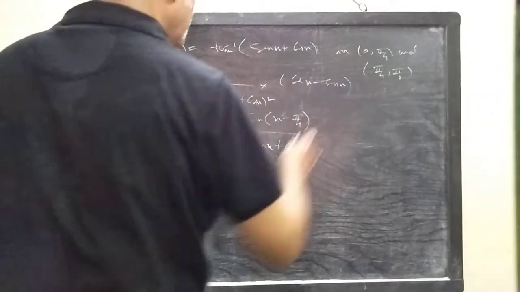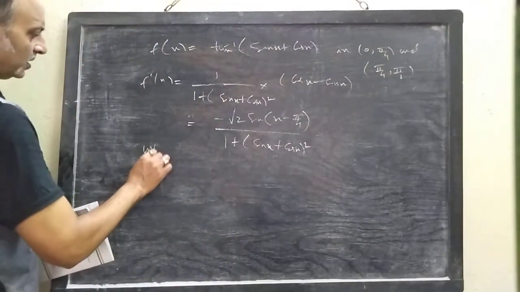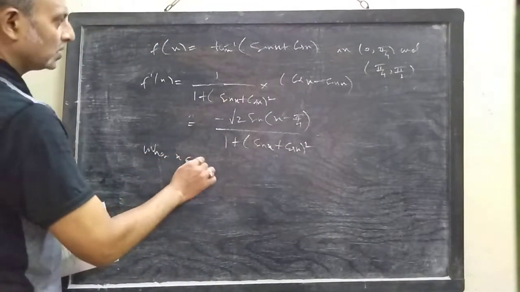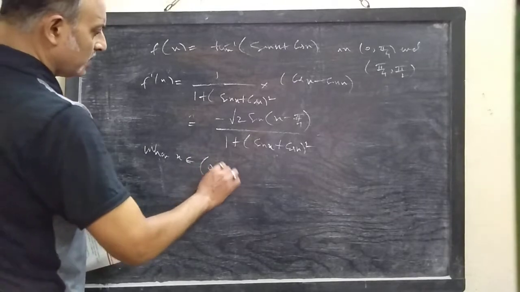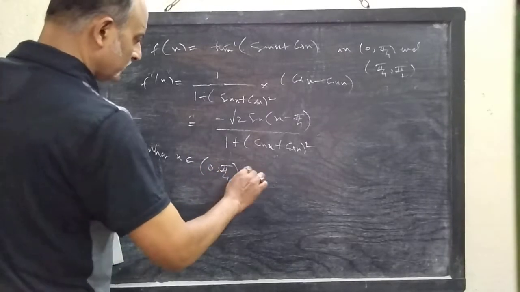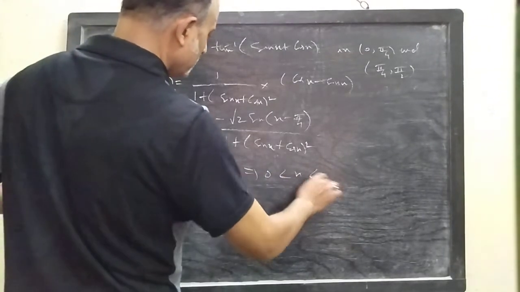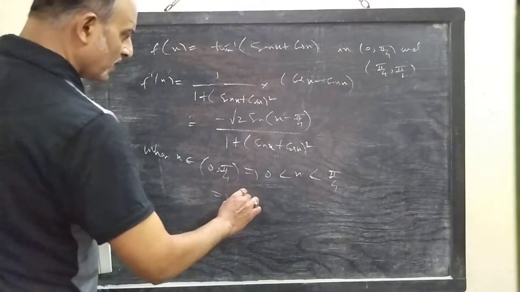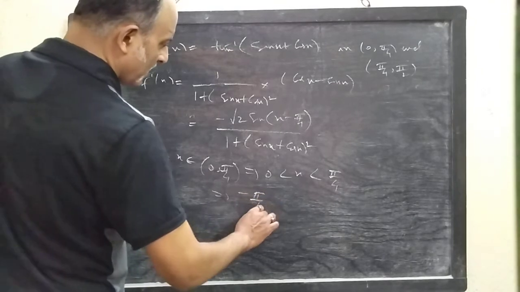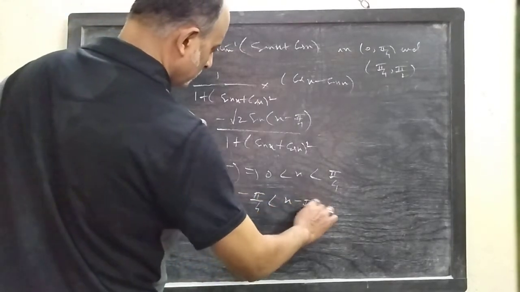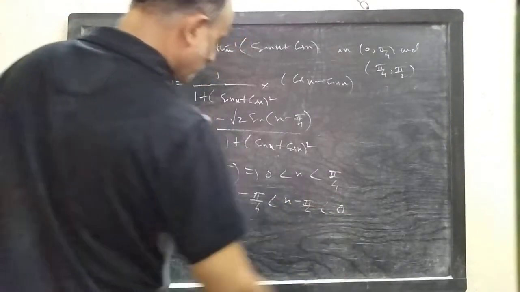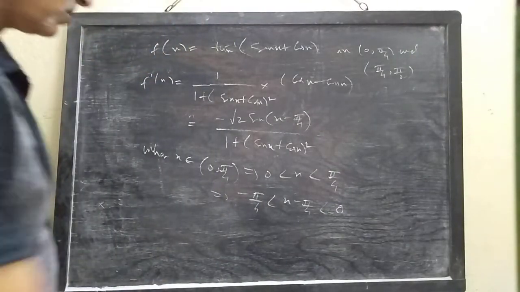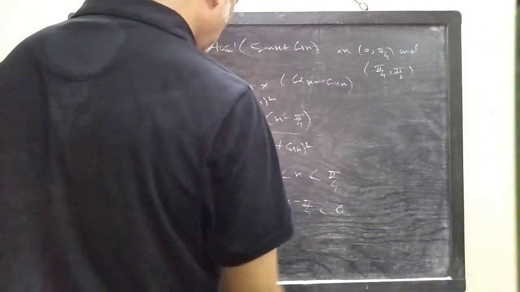Now, when x belongs to open interval 0 to pi by 4, this implies x is more than 0, less than pi by 4. So your x - pi by 4 will lie between minus pi by 4 to 0. So in this portion, sign of sine is negative.